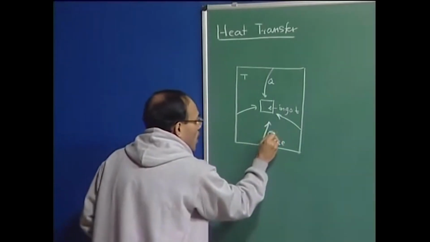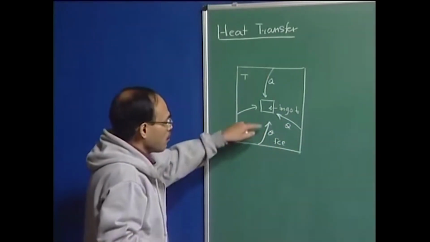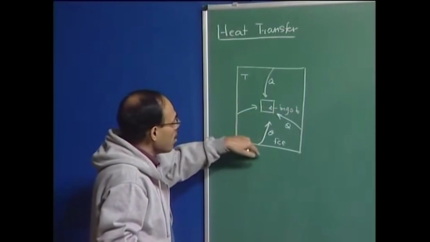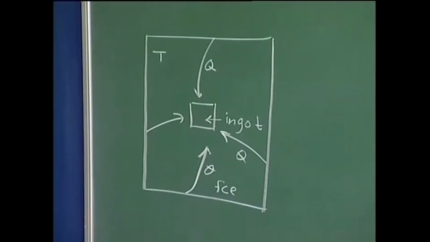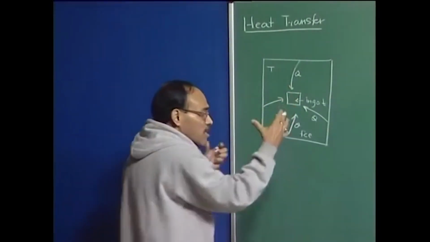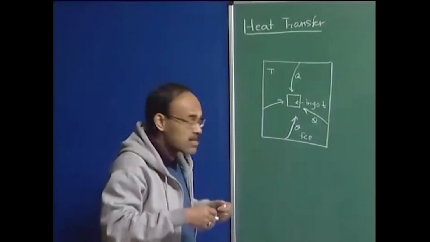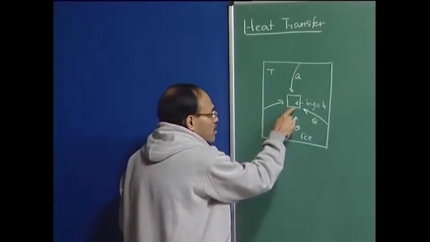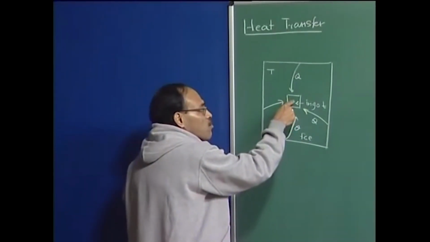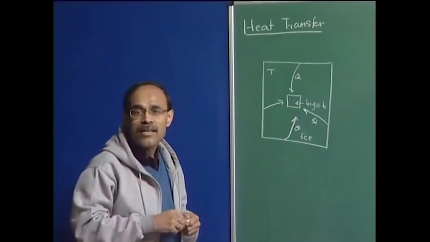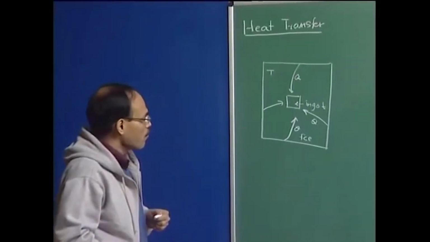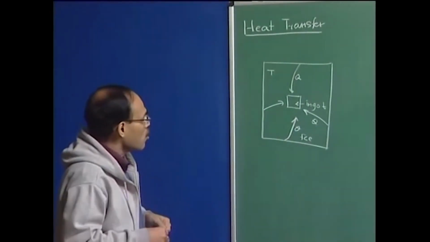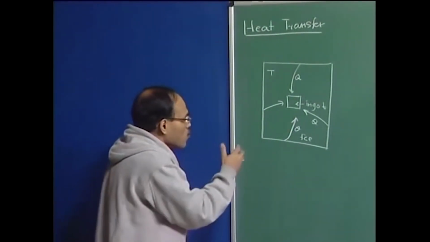Heat Q is transferred into the ingot by several mechanisms, which we are going to discuss in a minute, and as a result of this transport of heat, the object temperature continuously increases. Now, the rate at which the surface temperature increases and the rate at which the inside temperature increases are dramatically different, because of the resistance of solid material to heat flow.